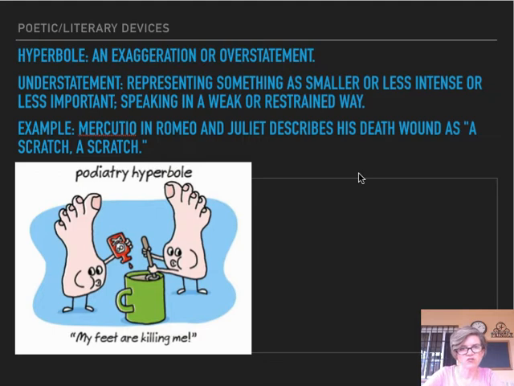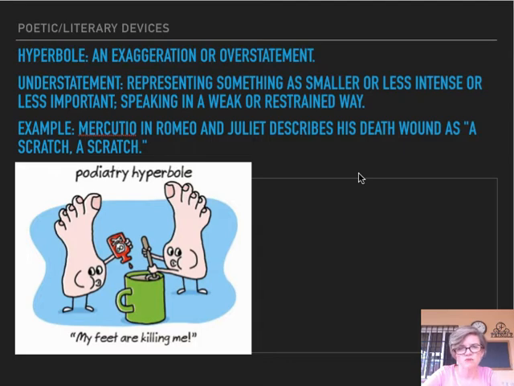All right, the next two are another pair that work together and they're kind of opposite in meaning. So we have hyperbole and understatement. Okay, hyperbole you're probably familiar with. It's simply exaggeration or overstating something, and usually the effect you're trying to create is you're trying to emphasize something.